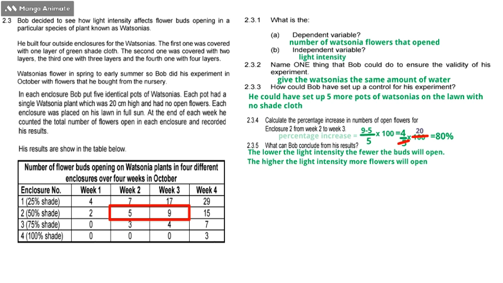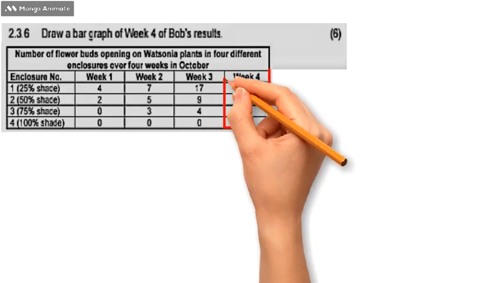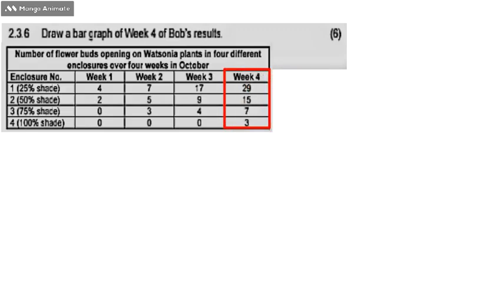Okay, we come to question 2.36, which is: draw a bar graph of week 4 of Bobby's results. So we go back to the table, which will help us to draw, and we concentrate on week 4.